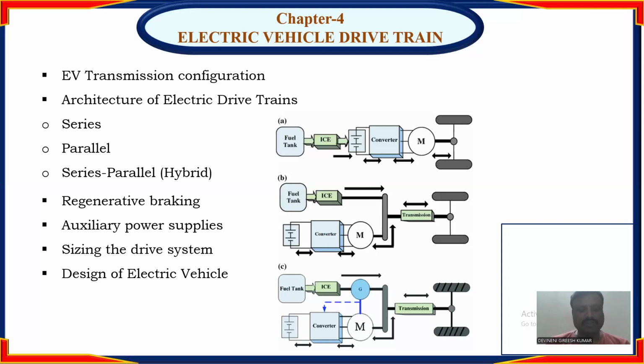Everything will be covered in this chapter. Last, the topic is the sizing of the drivetrain system: how optimally we can design a drivetrain model. We can estimate the optimal parameters here, along with choosing the motor, the differential, and the power converter.